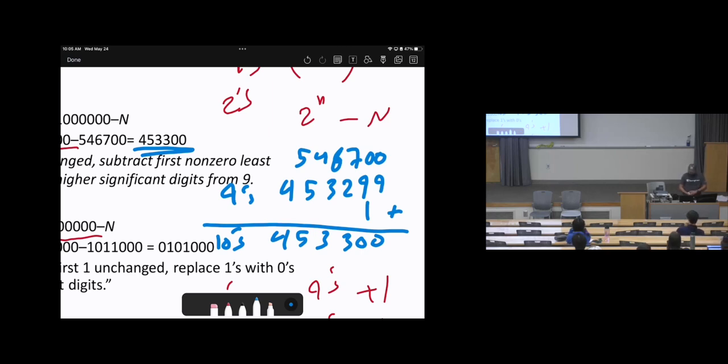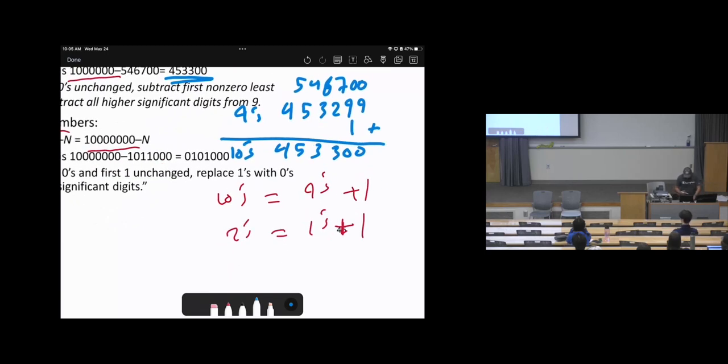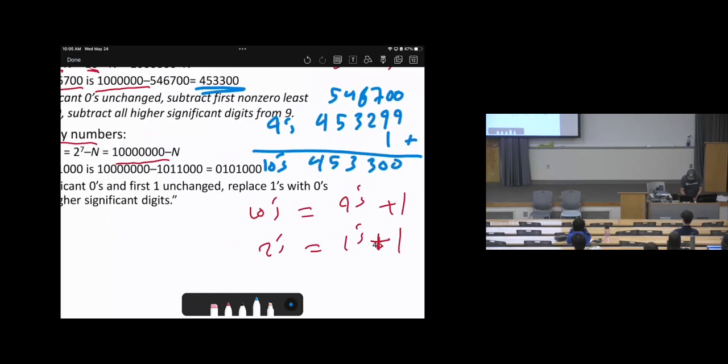Okay, how about dealing with this number? We have 1, 0, 1, 1, 0, 0, 0. So the best way, again, is to find the 1's complement first, then do the second step. Replace any 0 by 1, any 1 by 0.